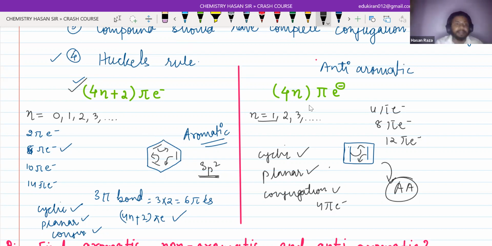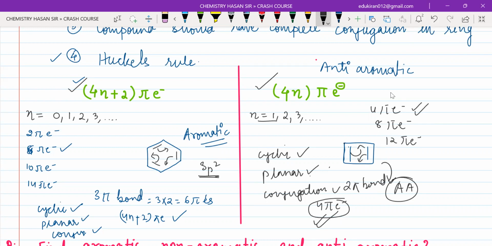If the pi electrons follow 4n, then it is anti-aromatic. Are you getting my point? This is cyclic, this is planar, this is in complete conjugation. And you can see 2 pi bonds, that means 4 pi electrons, and 4 pi electrons comes under anti-aromatic. Okay, yes, sir. Thank you.